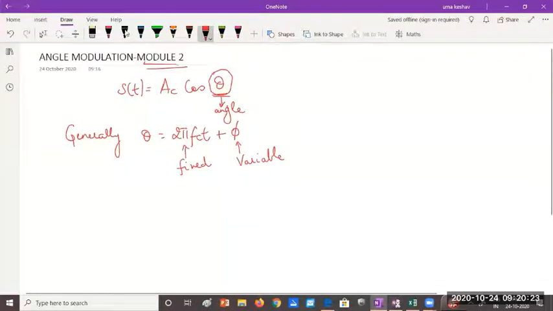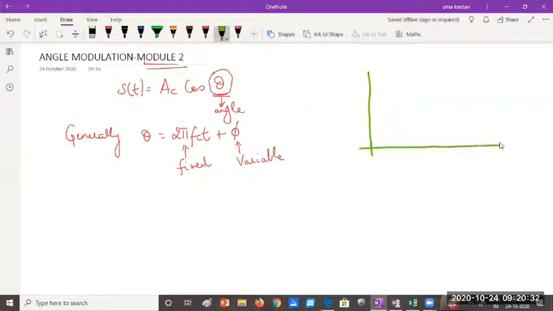For that, let's consider this graph. Let me take a graph of variation in theta with respect to time, and let me consider a linear variation like this. Theta is changing as a straight line with respect to time.